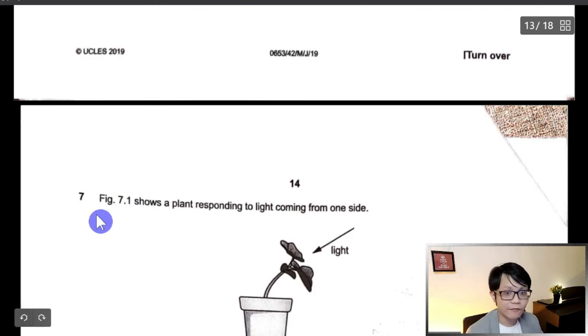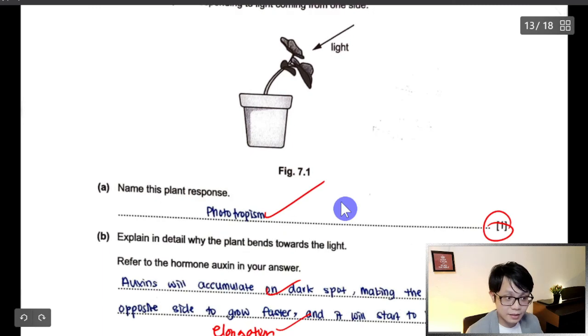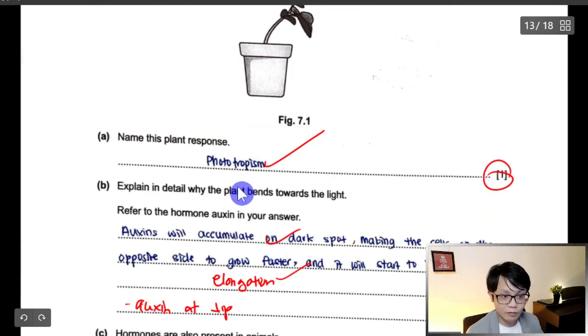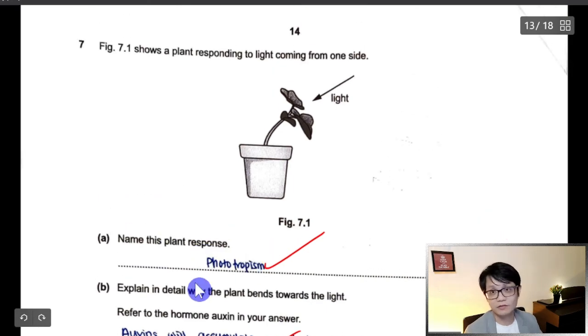Figure 7 shows a plant responding to light. Only one answer for this marking scheme: phototropism. Either you get it or you don't. Name the plant response: phototropism, chemotropism, hydrotropism. This is phototropism because photo means light.